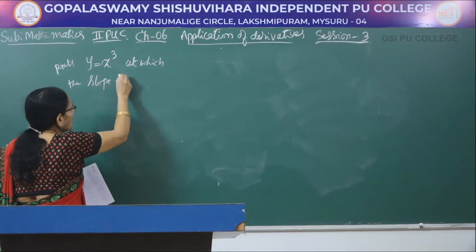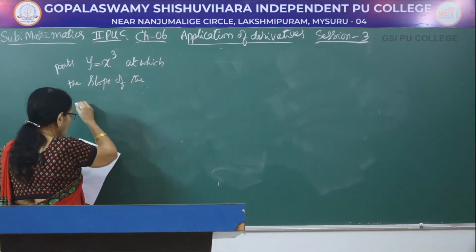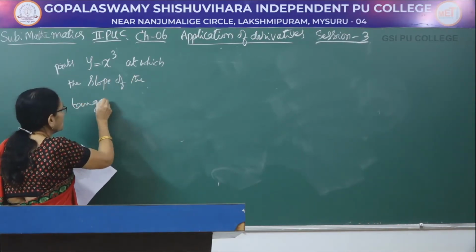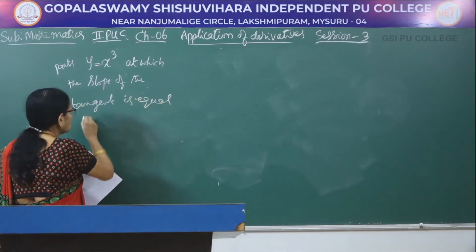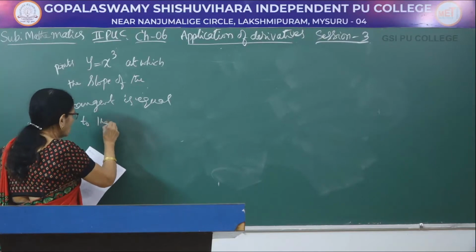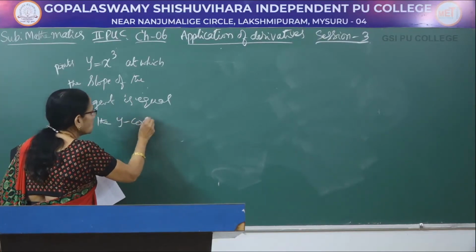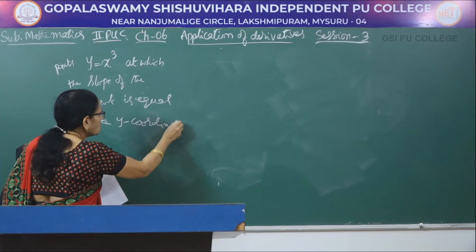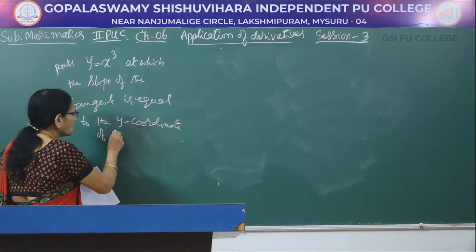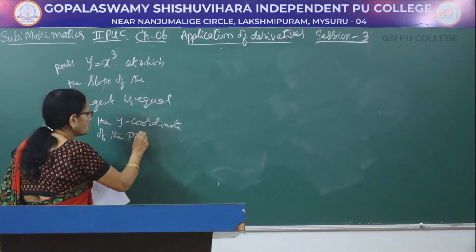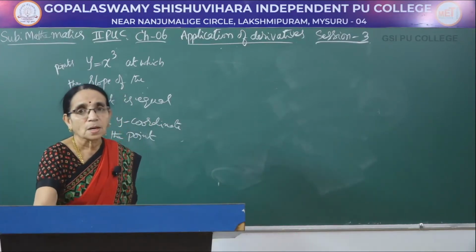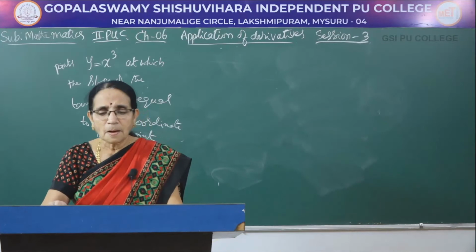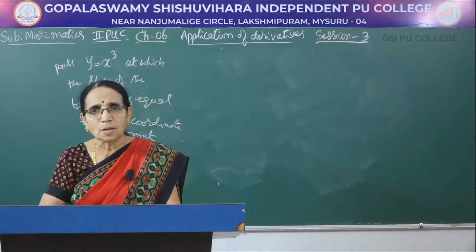Find the points on the curve y equal to x cube, at which the slope of the tangent is equal to the y coordinate of the point. Here also we are calculating points on the curve only.